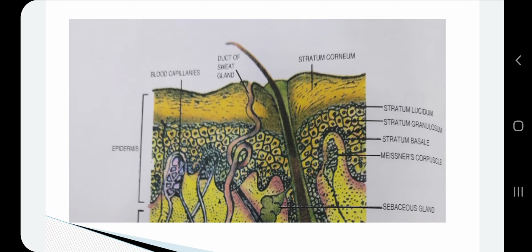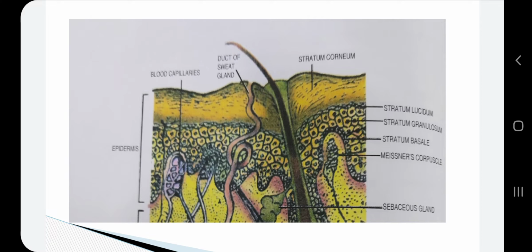As you can see here, the lowermost layer, single layer of cells, Stratum Basale, is present here. Then above it, Stratum Granulosum has been shown. Spinosum has not been shown here, and then above it there is Stratum Lucidum, and the topmost layer is Stratum Corneum, which is made up of dead scale-like cells.